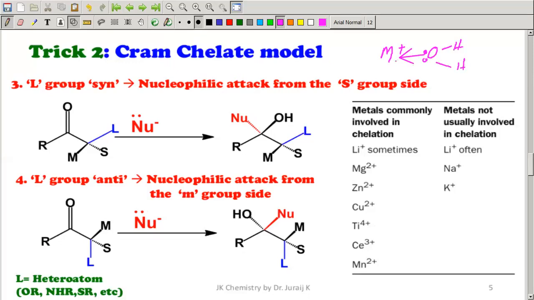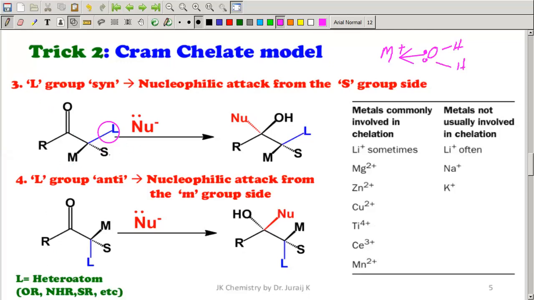Here, in this case, we are also expecting chelation with one of the groups in the alpha position. Here we are treating our large group as a ligand. The large group should contain a heteroatom. Generally, the large group should be OR, NHR, SR. So a heteroatom means it should have a lone pair of electrons. So this heteroatom can coordinate with a metal.